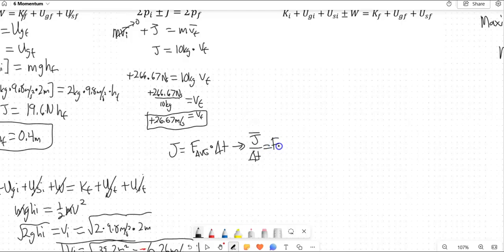That is the average force. So that is positive 266.67 newton seconds divided by 4 seconds.